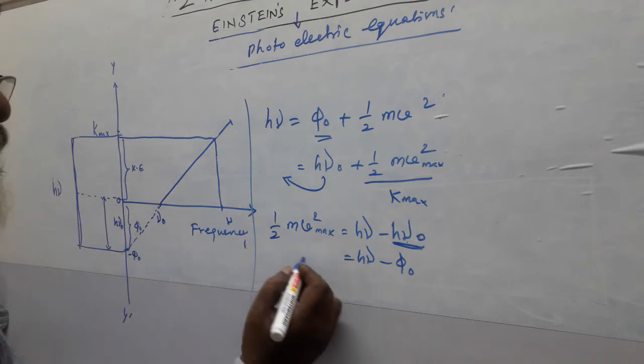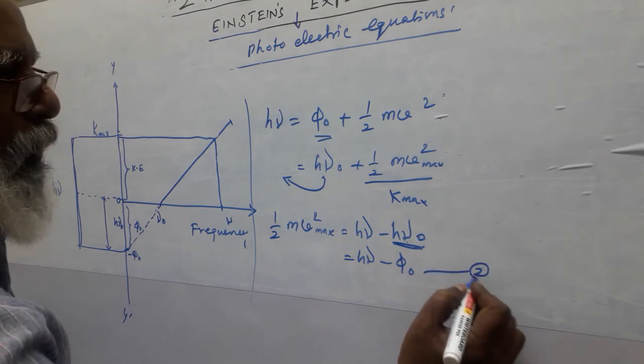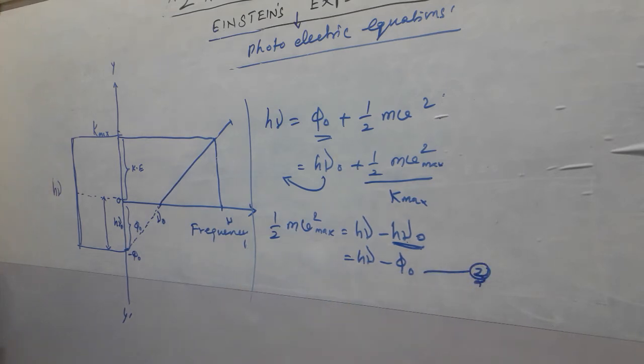We already obtained two equations, and this is number 3. So from this graph, Einstein concluded that whenever the electrons absorb this amount of incident ray energy, it is completely absorbed and emitted in two ways.